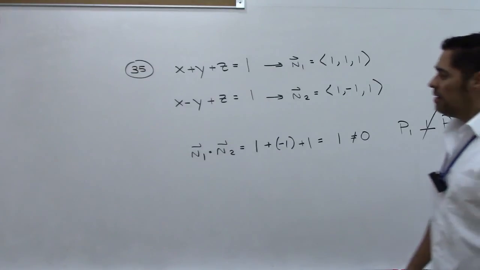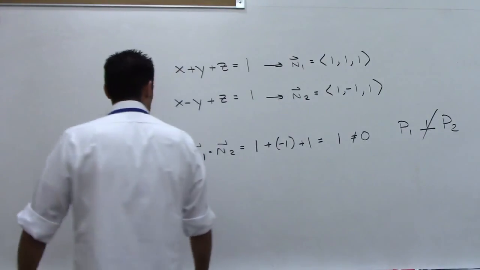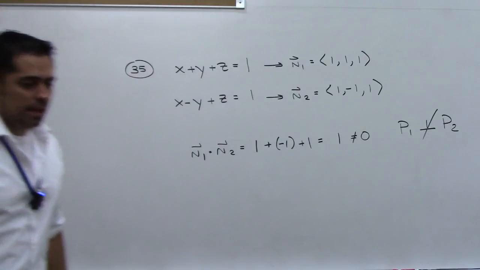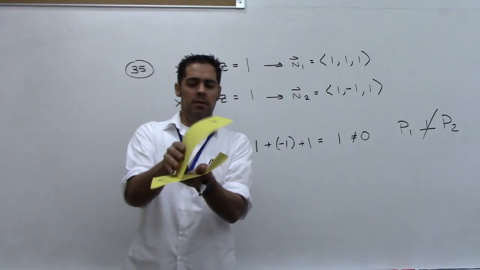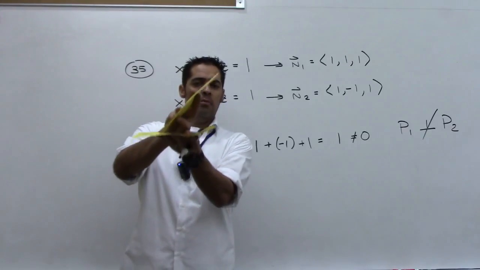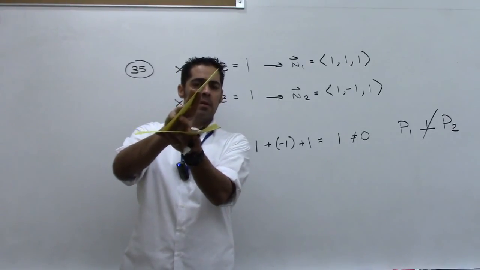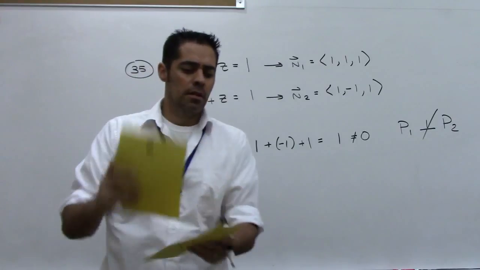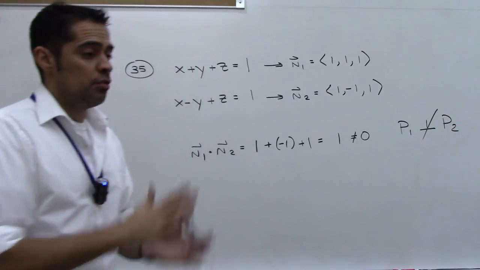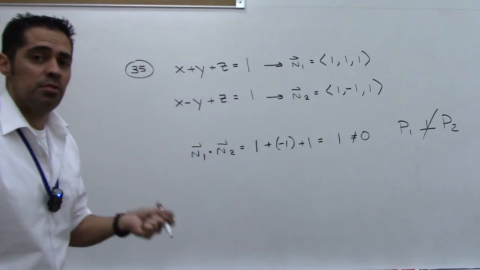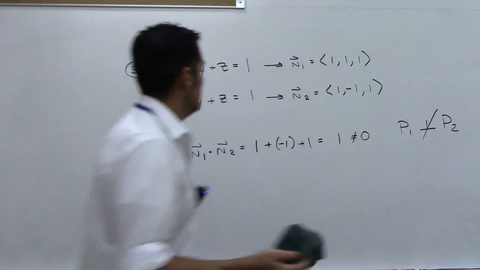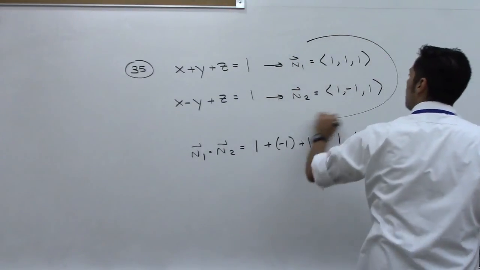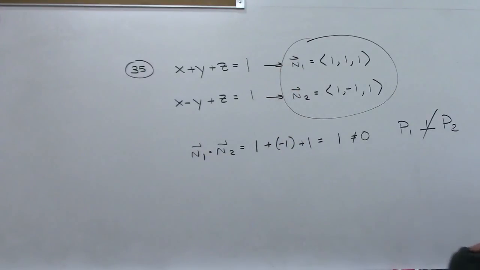So since they're not, it wants us to find the angle between them. So that means we've got these two planes that are hitting each other, but there's an angle between them, and we want to know what that angle is. Well, the angle between the two planes is equivalent to the angle between the two normal vectors of the planes. So what I need to do is find the angle between those two vectors.